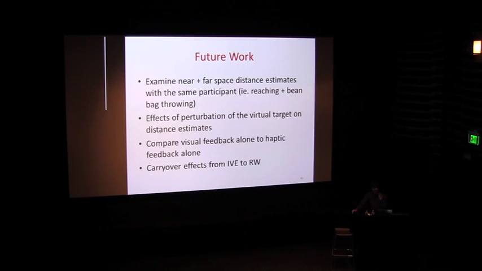So introducing a gain factor in terms of distortions between the physical and haptic responses is what we want to study in future experiments as well. Comparing visual feedback alone as opposed to haptic feedback, this is a paper that we have just submitted to SAP. I won't say more about it at this time.